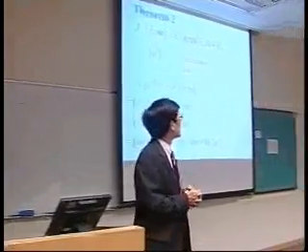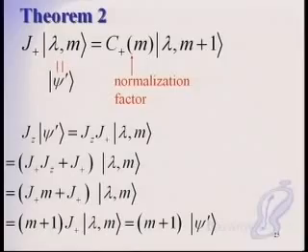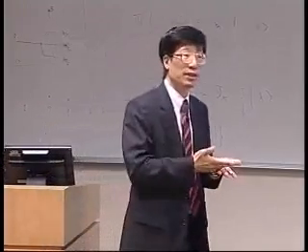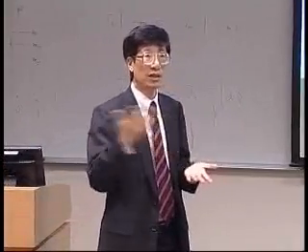Now, the second theorem I want is that if I use J plus on a state with value m, the end result is a state with m value m plus 1. It increases the m value by 1. That's why we call it J plus. But of course, that state need not be normalized.